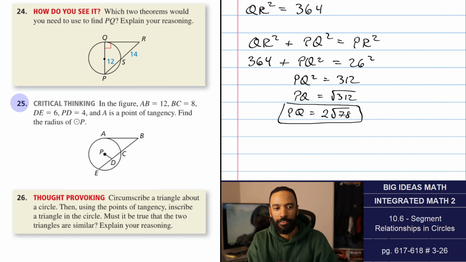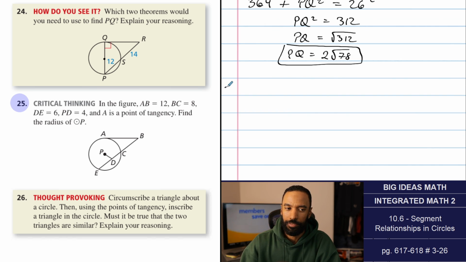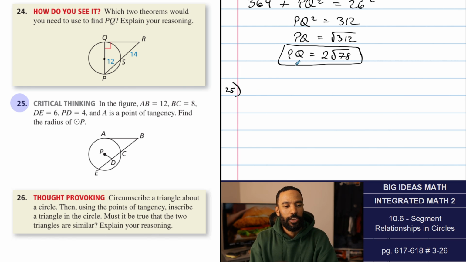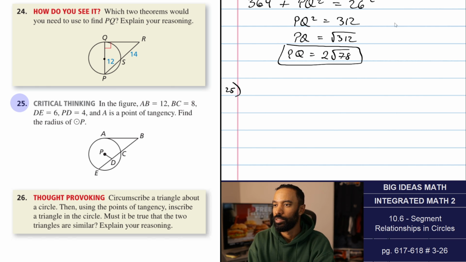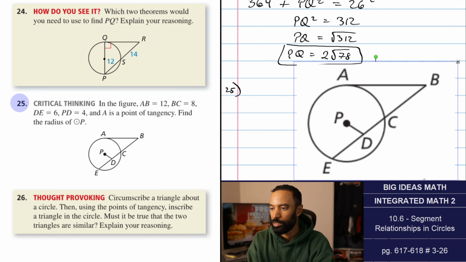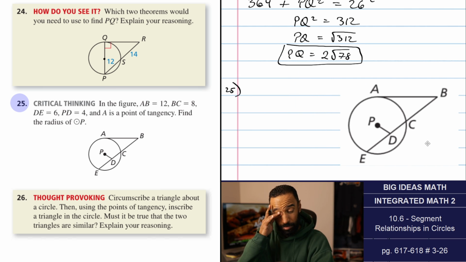All right, number 25, critical thinking. In the figure, AB equals 12. Not 35, 25. In the figure, AB is 12. Let's copy paste this. Feels like there's a lot to do. Give me a second.